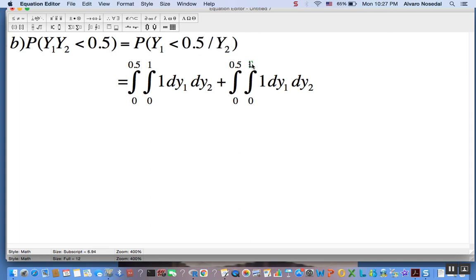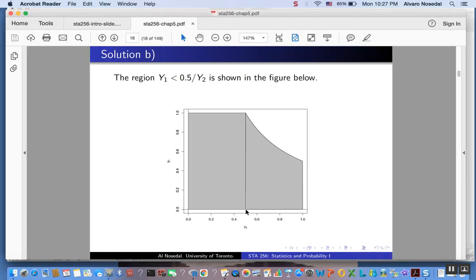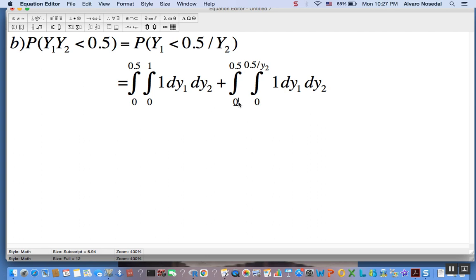Let me write it like this because I need that to be lowercase y2. And y2 now goes from 0.5 to 1.